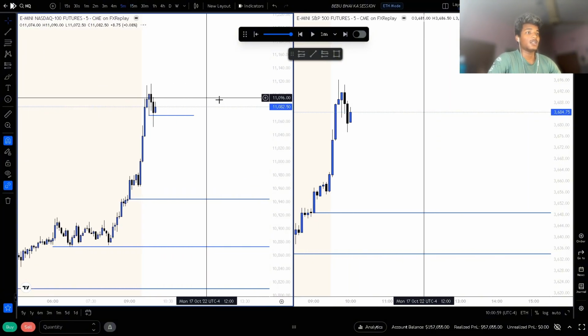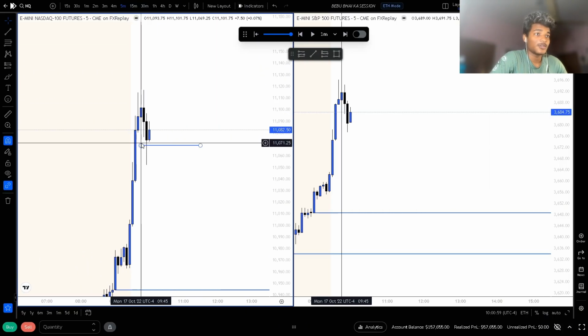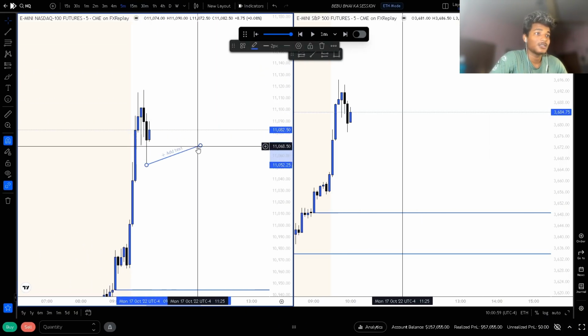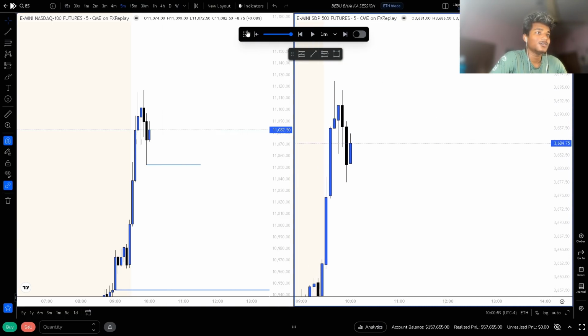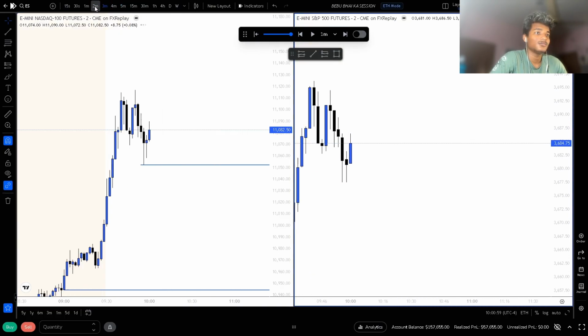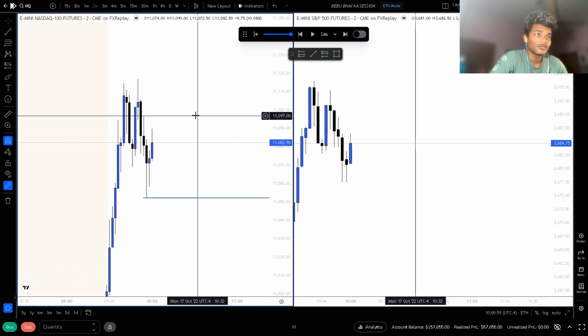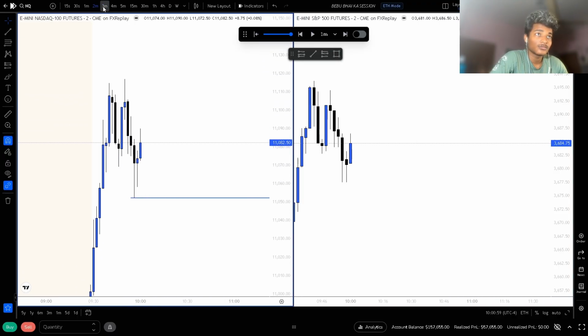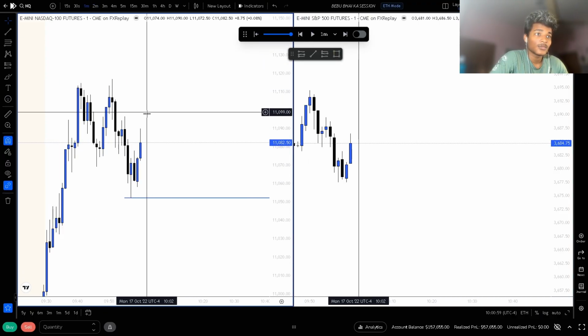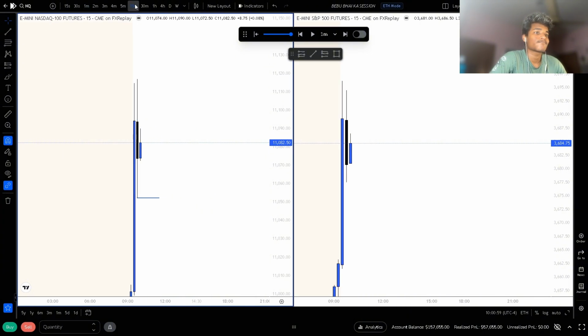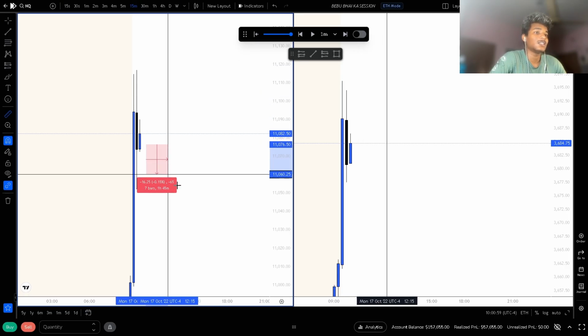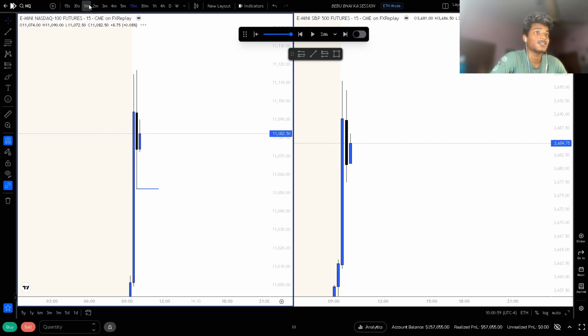I do think it's a nice shot to actually take, but if I get a long, I will also actually take that. I will not take long until this gap gets mitigated once.